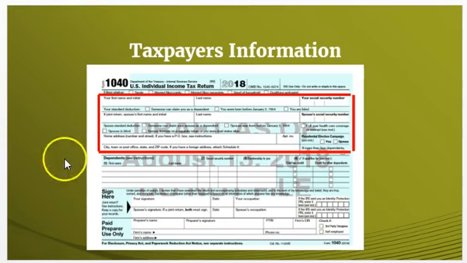So as we look at page 1, we can see that page 1 kind of has our vitals for our taxpayer. It's got our name, our address, our social security number, and then our spouse's name, address, and social security number if it's a married taxpayer. But all of that information is going to go right here at the very top of the 1040.